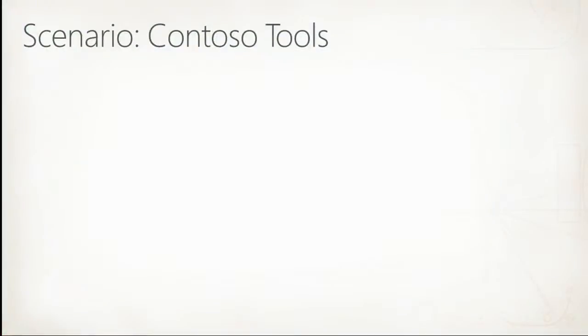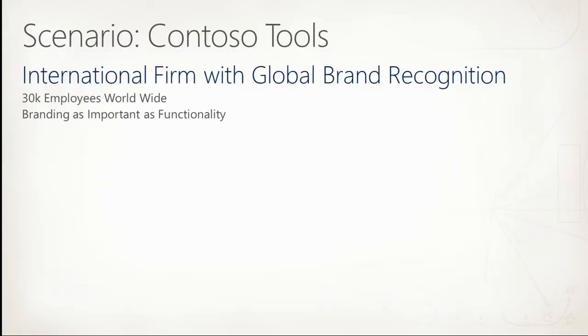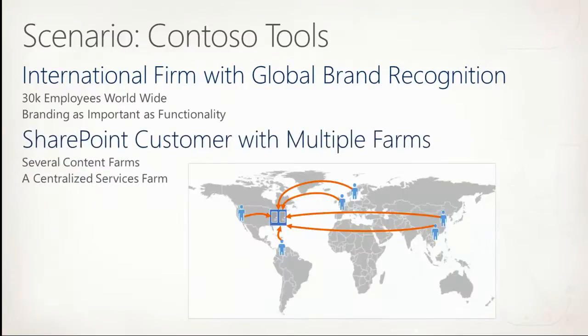So the customer is Contoso Tools. It's a multinational company with over 30,000 employees worldwide, and you probably have one of their tools in your garage. For this customer, branding is just as important as functionality, and so customizing their experience is very, very important, and it helps that they currently have a centralized SharePoint farm.